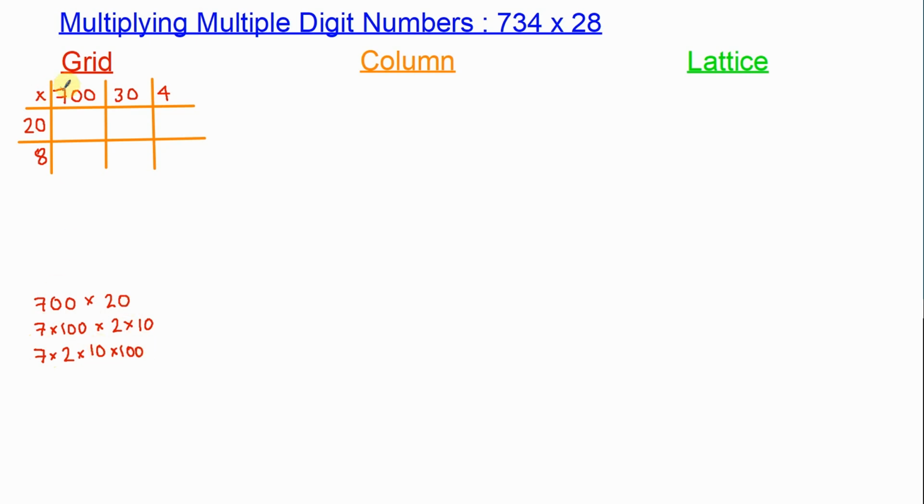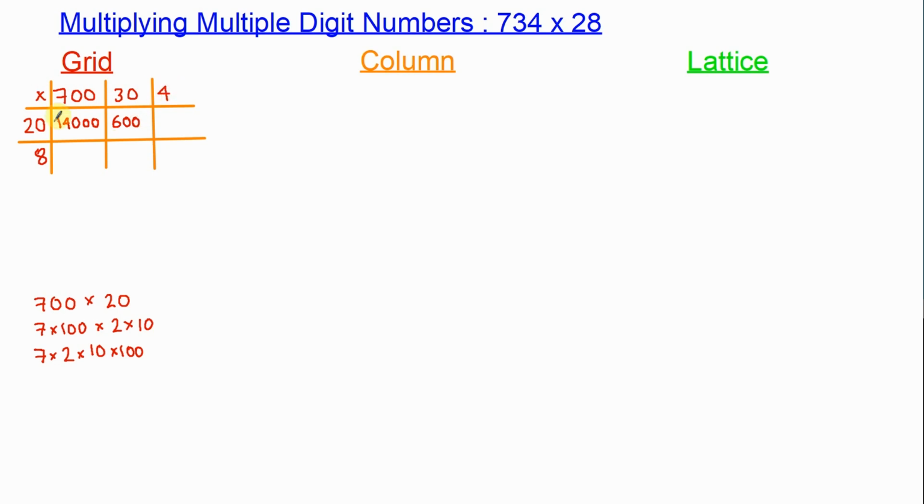So in effect, what we have here is 7 times 2, which gives us 14, times by the 10 gives us 140, and then times by 100, which gives us 14,000. Okay, so to show you in this one, that will be 3 times the 2, which gives us 6, and then we need to multiply by 10 and 10 again for each number.